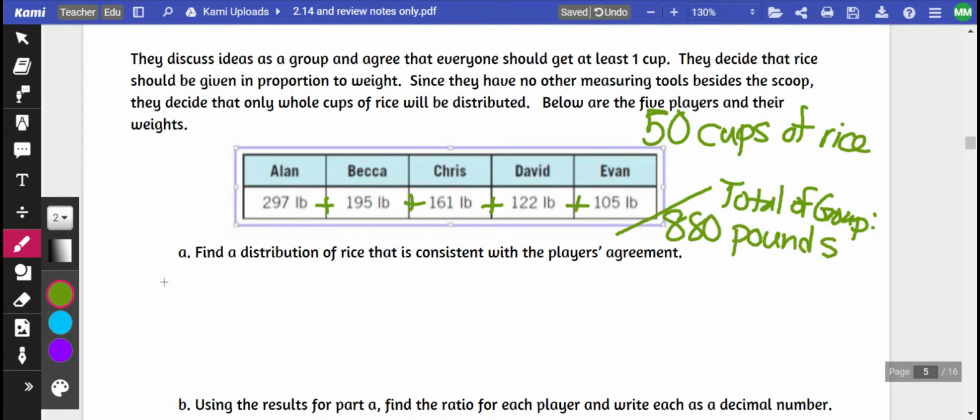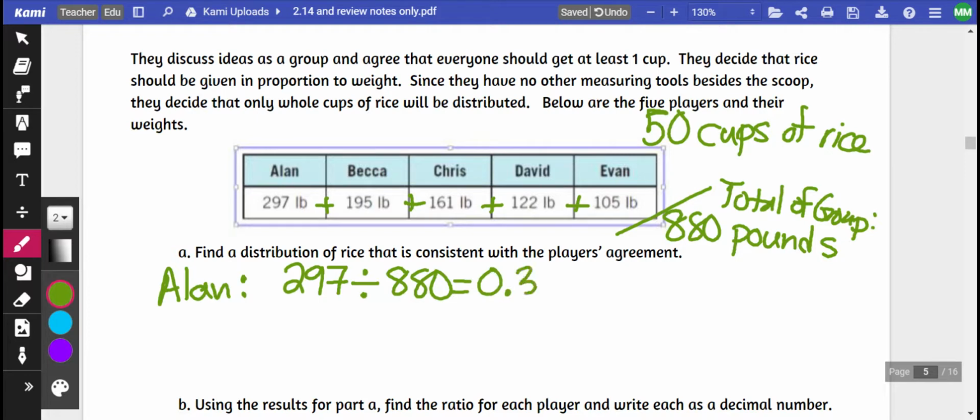So if we wanted to find out how much rice Alan will get, we want to find out what percent of his weight, or what proportion of his weight, he is compared to the rest of the group. So I'm going to have 297 divided by the 880 pounds. And so we get 0.3375.